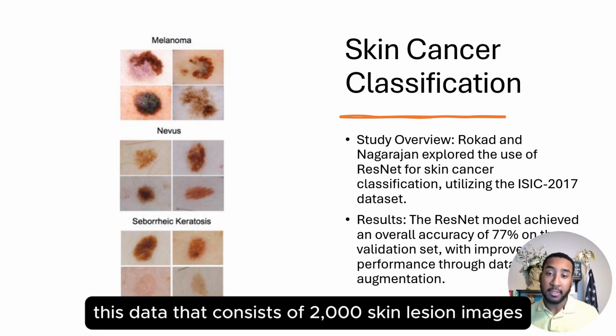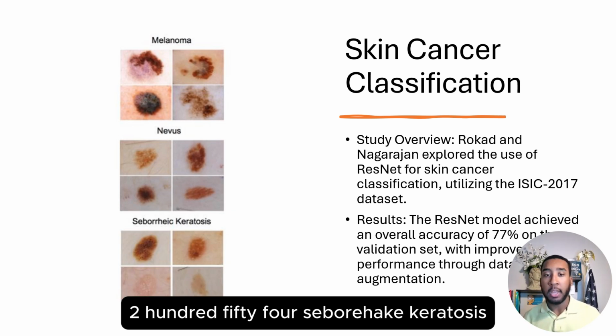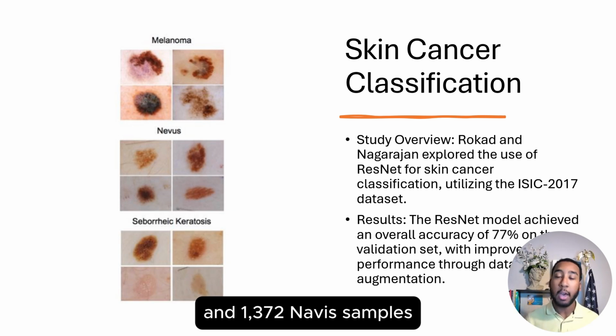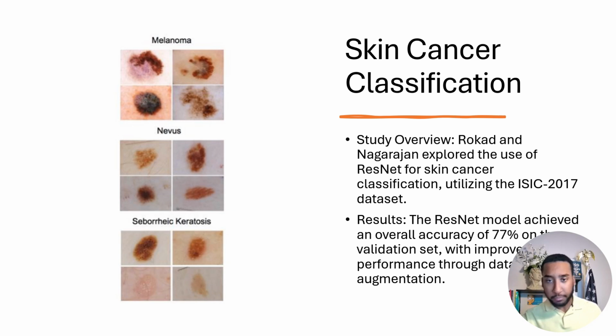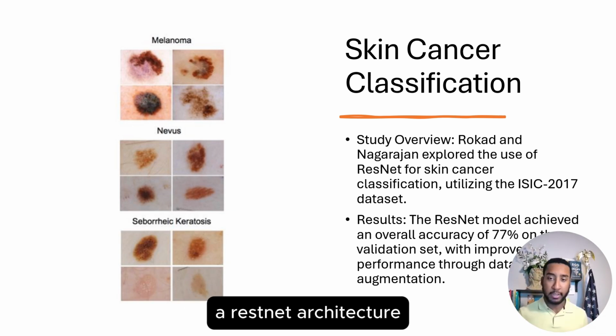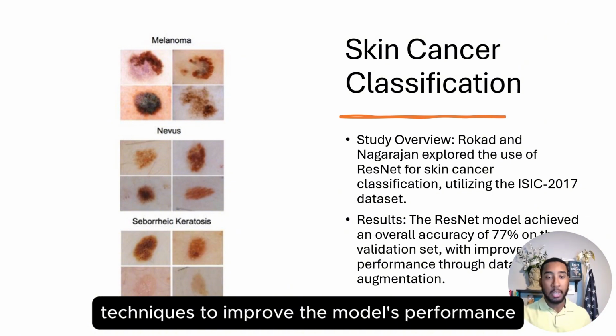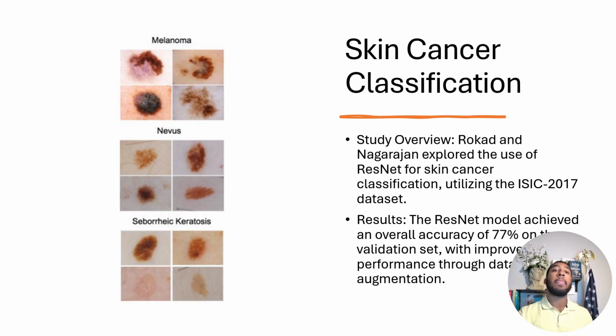This dataset consists of 2,000 skin lesion images, including 374 melanoma, 254 seborrheic keratosis, and 1,372 nevus samples. The researchers used a ResNet architecture and explored the use of data augmentation techniques to improve the model's performance.